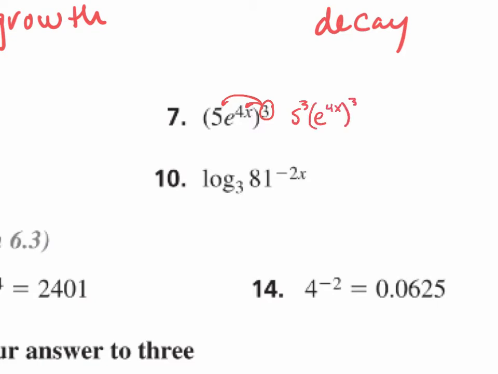What is 5 cubed? 125. So remember, it's 5 times 5 times 5, which is 125. And then what do we do when we have an exponent raised to an exponent? Multiply them. So this is e, and what's our power here? 12x. Perfect.